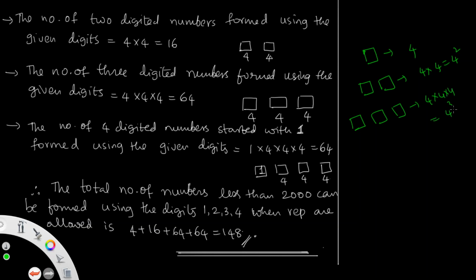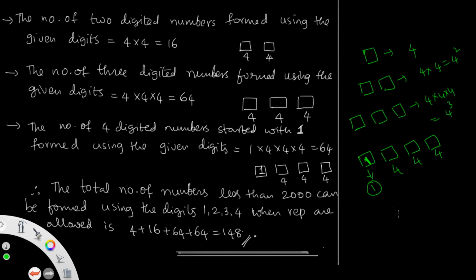In the last, the 4-digit number to be formed: in that case the condition is less than 2000, which means the thousands place can be filled only by using 1. This can be done in only one way, and the other boxes can be filled any number of times, 4 ways each.